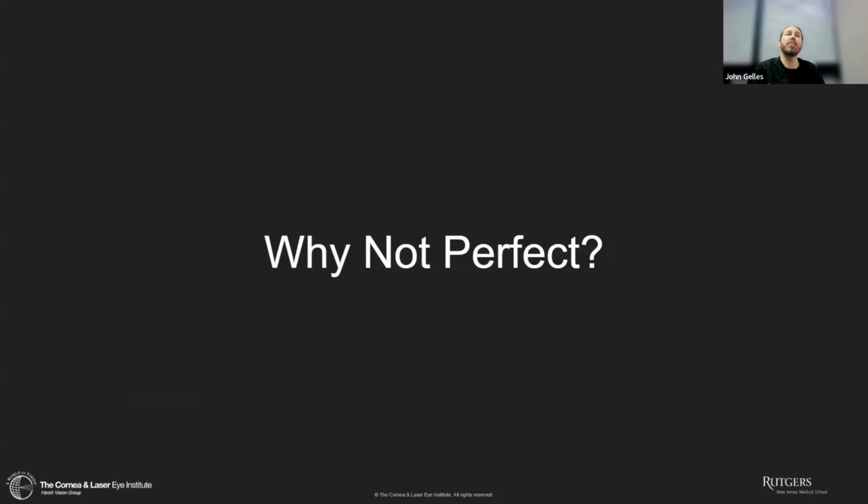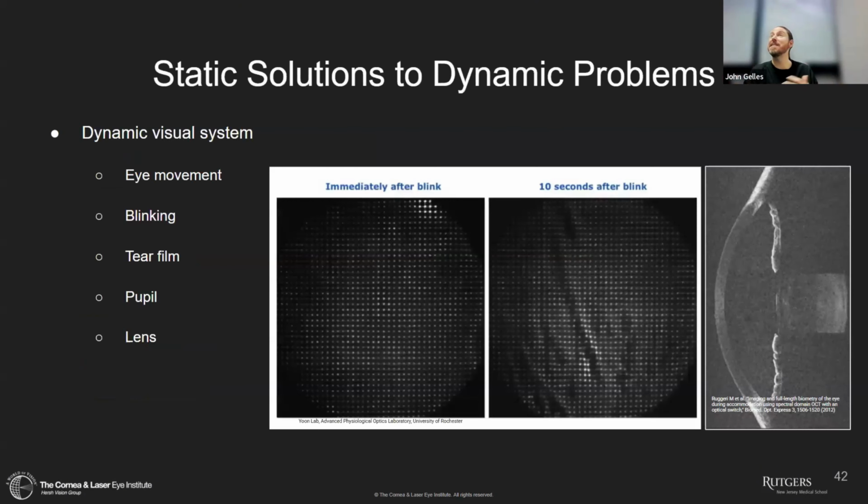So the question that always comes up is, why isn't this perfect, right? If we can measure the aberrations and we can correct for those aberrations, why aren't we getting zero RMS? Why aren't we getting perfect outcomes on this? Well, it's because it's a dynamic visual system. We have things that are going to change, right?